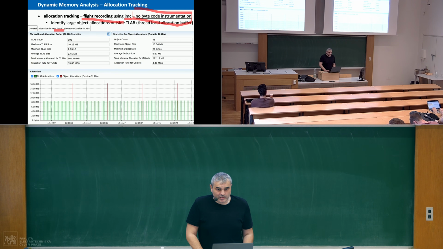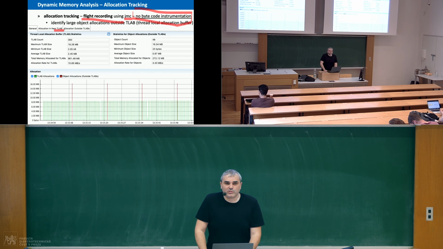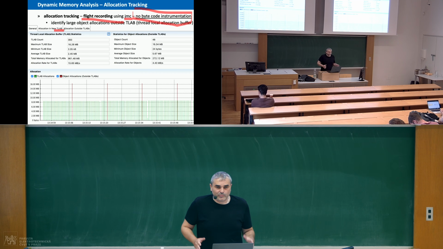If that is possible, that's the fastest way, because that buffer is just yours. You don't need to synchronize with anyone. But if there is no more space in that buffer, because the object is larger or it was already consumed, there is a call into the internals of the virtual machine. And during that moment, this flight recording can occur.